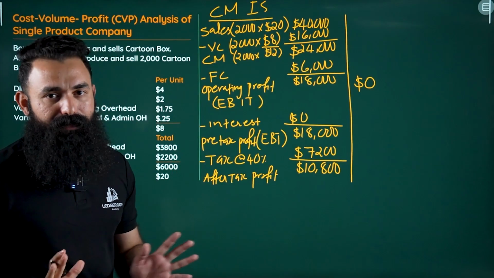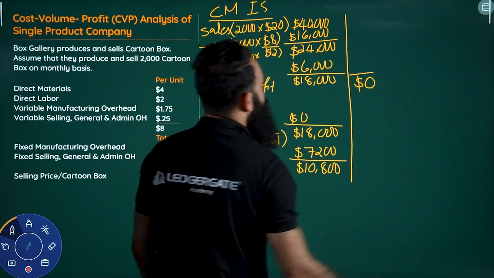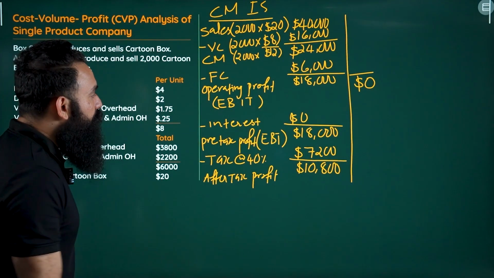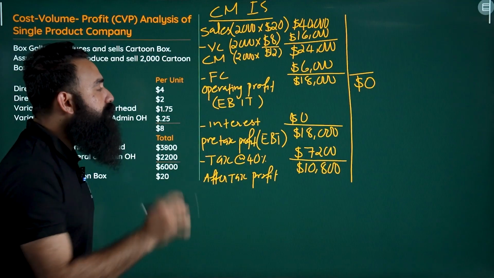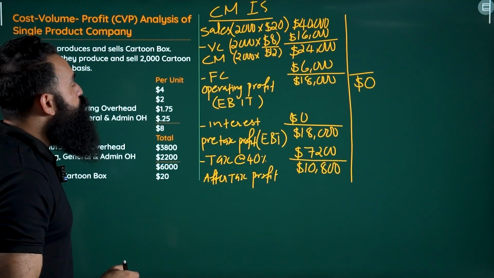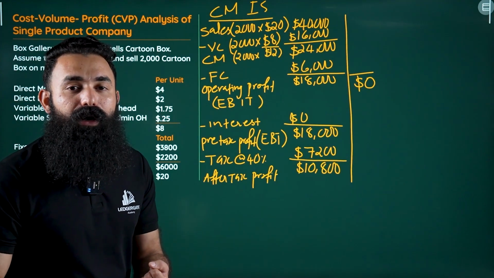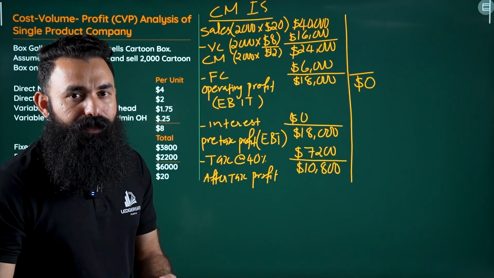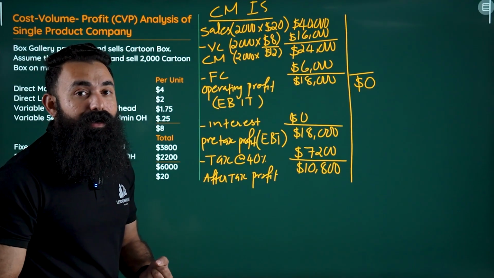Now we are at break-even. In order for pre-tax profit to be 0, how many units need to be sold and how much dollar amount of sales needs to be made? This is what we are going to discuss about the break-even point.